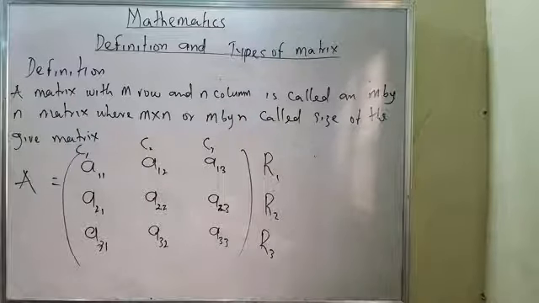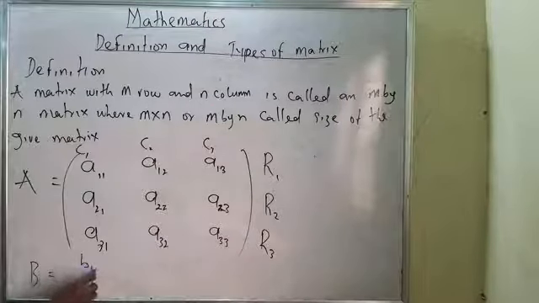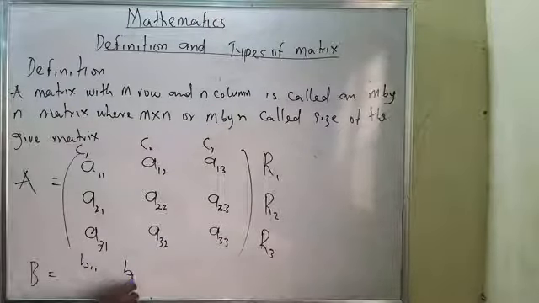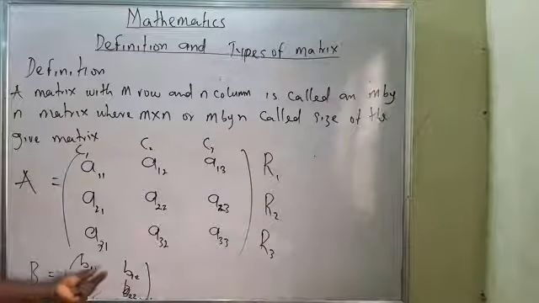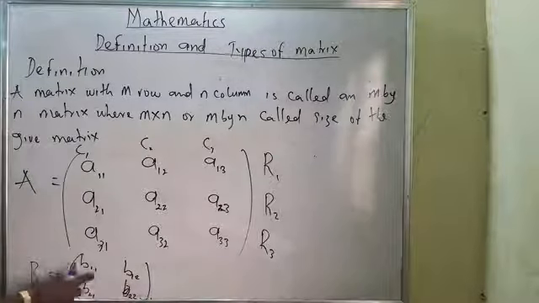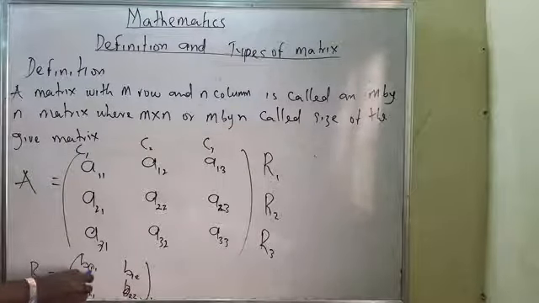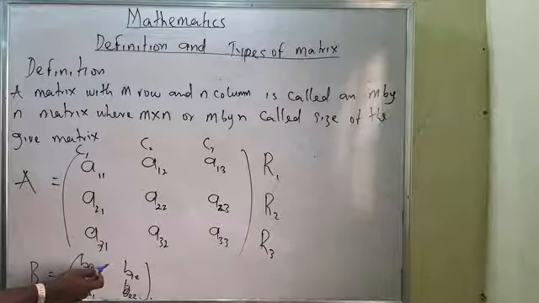Now, if I'm to talk about the order of this matrix, before I go to the order of a matrix, if I have a matrix B like this, which is B11, B12, B21, B22, can you see that this is what? This is 2 by 2. This one is talking about what? The row. And this one is talking about what? The column.